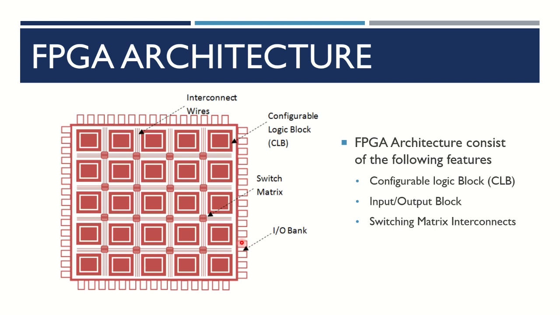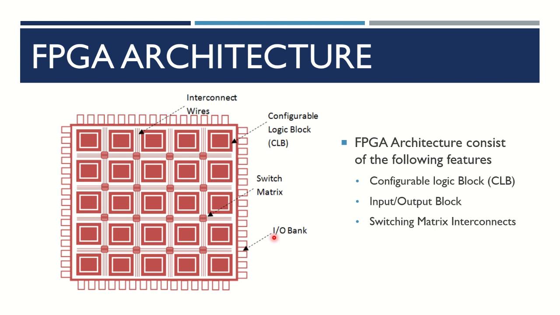Here it consists of configurable logic blocks, configurable input output blocks, programmable interconnect, clock circuitry for driving the clock signal to each logic block, and additional logic resources such as ALUs, memory, and decoders.